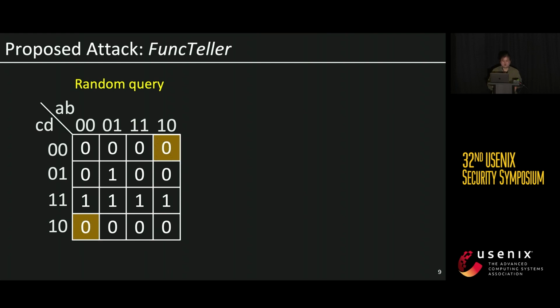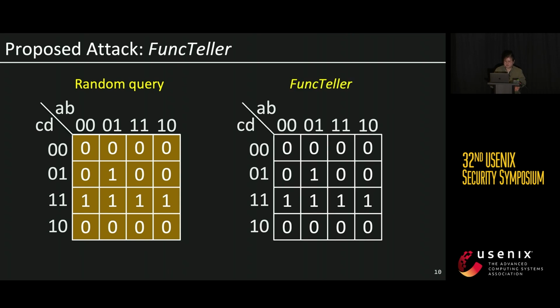For a random query, the attacker randomly visits the entire Boolean space and does the query so as to fill in this K-map. For FuncTeller, the procedure is a little bit different. Initially it is the same: it randomly visits the Boolean space and does the query until the attacker finds the first input pattern resulting in output 1, and we call it a seed.